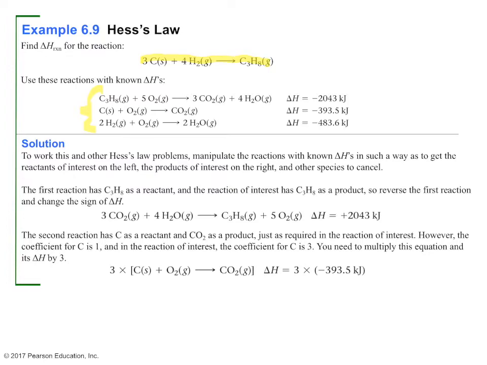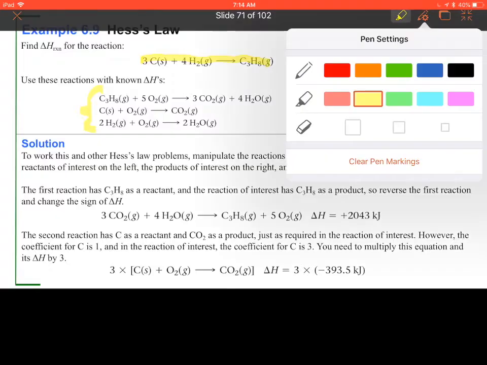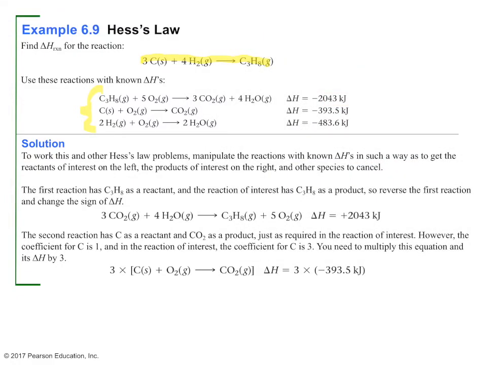So we know we want C3H8 on the right, and we want carbon on the left and hydrogen on the left.